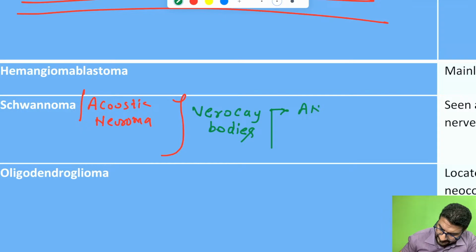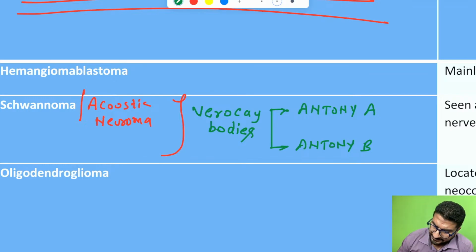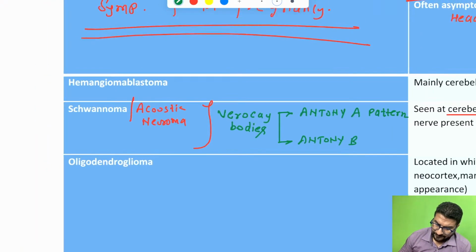So first is called Antoni A pattern, it is a hypercellular pattern, and second will be Antoni B pattern. This is something which you have to remember about schwannoma.